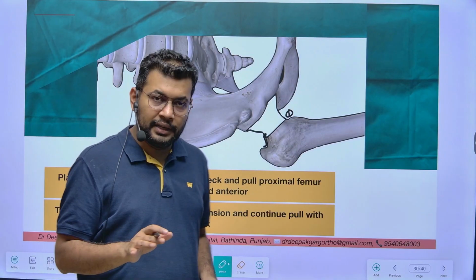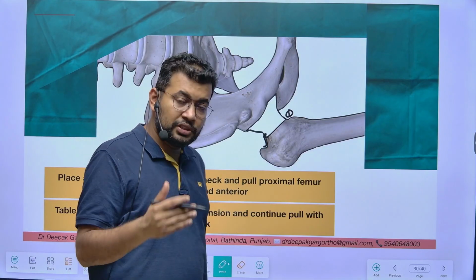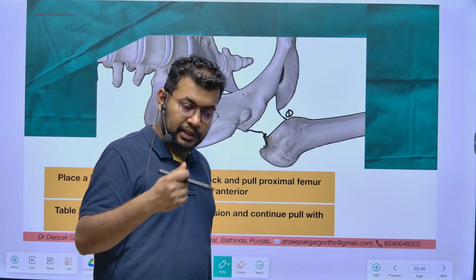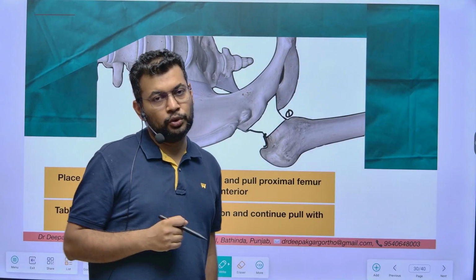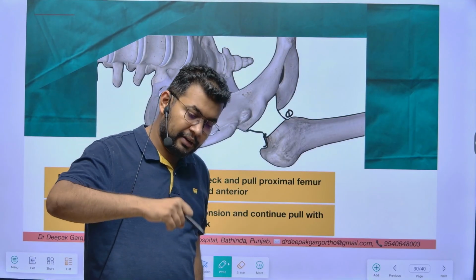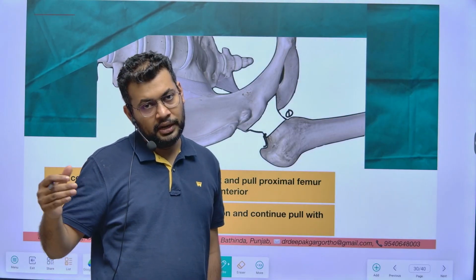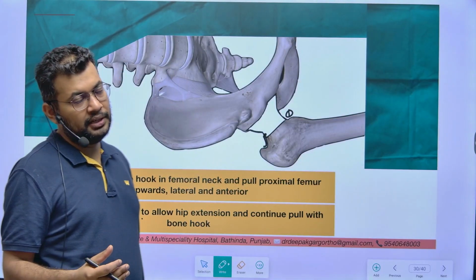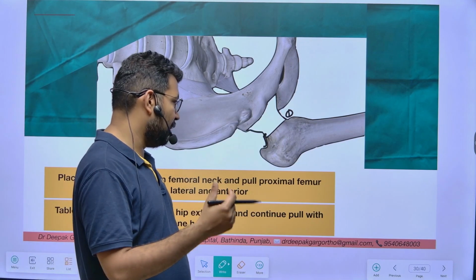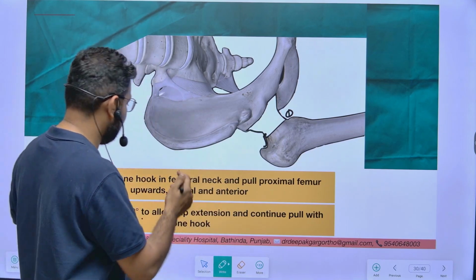Once we complete this capsulotomy, then we push the femur with the bone hook. We try to get the femur out of the wound, and once we are able to move the femur, we are able to get the femur out. We keep the limb in figure of 4 position, in adduction and in hyperextension, and this is how we can get the femur out, and then we start the femur preparation.